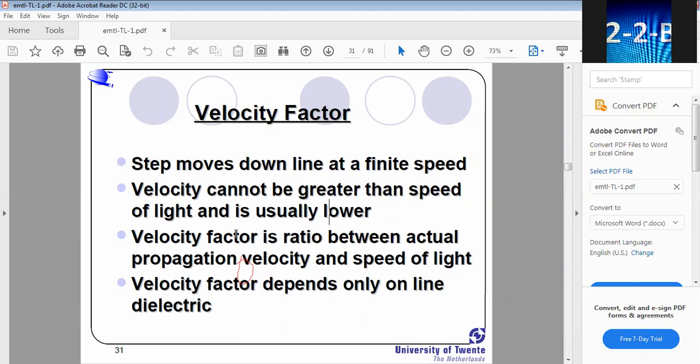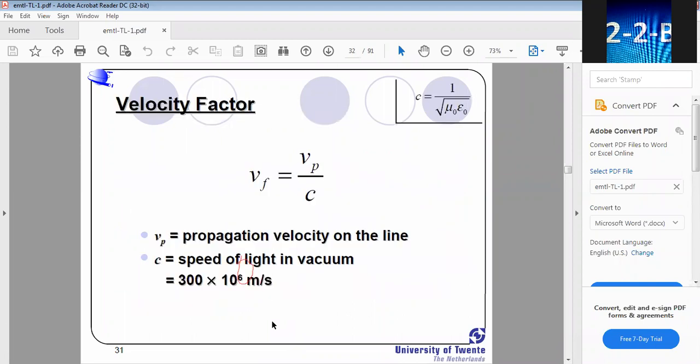How fast the medium propagates the signal depends upon those medium characteristics. That's why the velocity factor also depends upon the dielectric line characteristics.